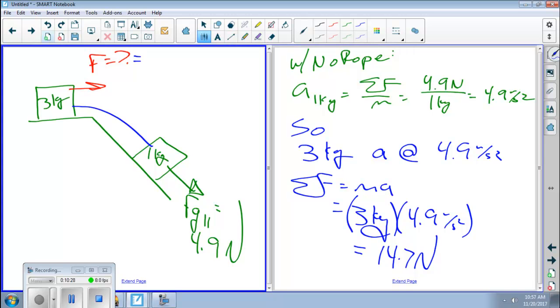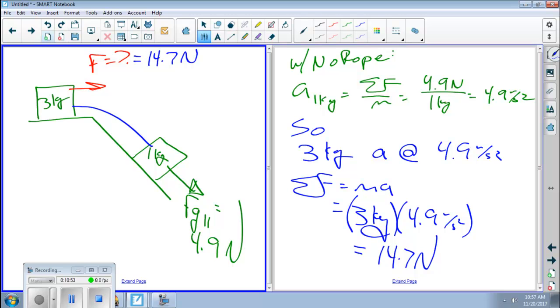So if this force is 14.7 newtons or more, then my tension will be 0. Follow? So basically, you take out the rope first to find the acceleration, and then you put it in. Make sense or no?